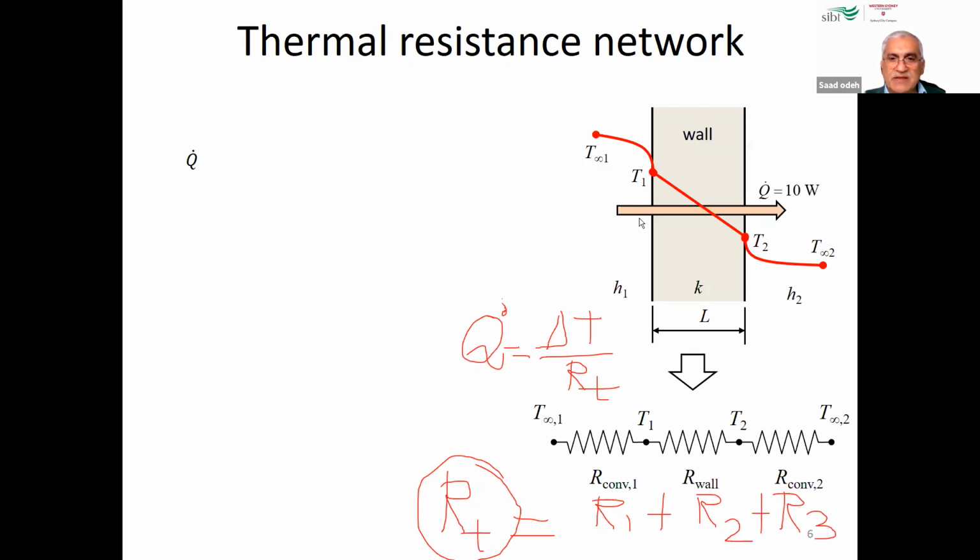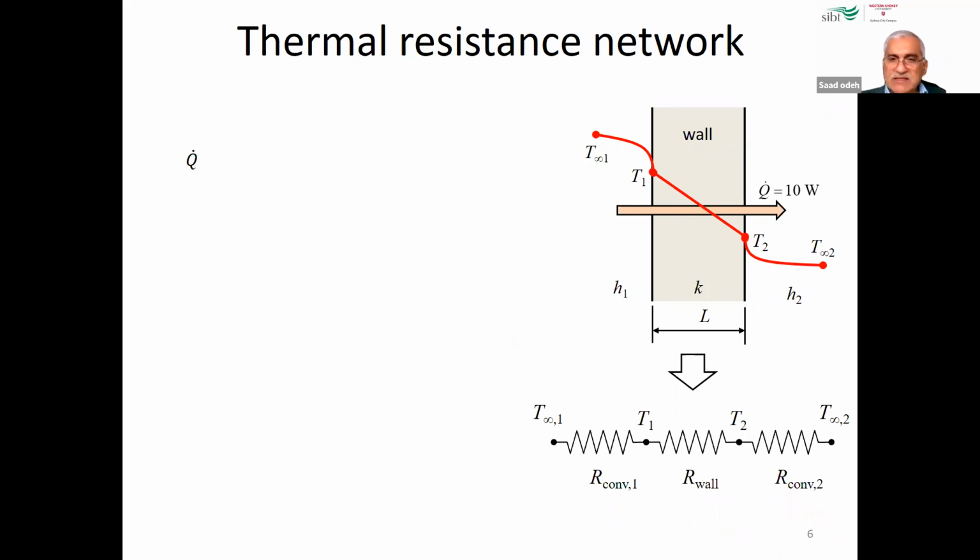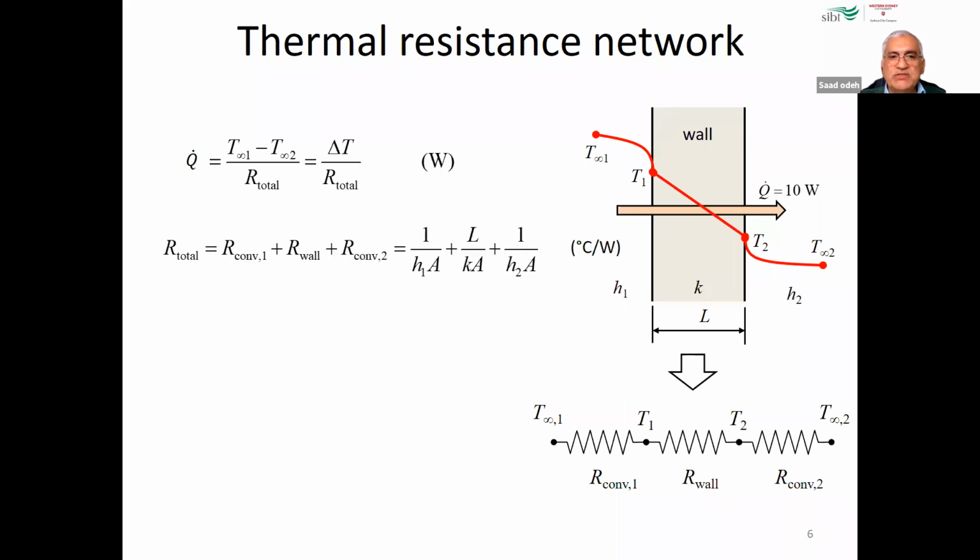Okay, so let's go back to the slides. Now we know what we mean by thermal resistances. This is the case that we mentioned here, and I already mentioned that our total is the combination, or the addition, of the three thermal resistances in this wall.